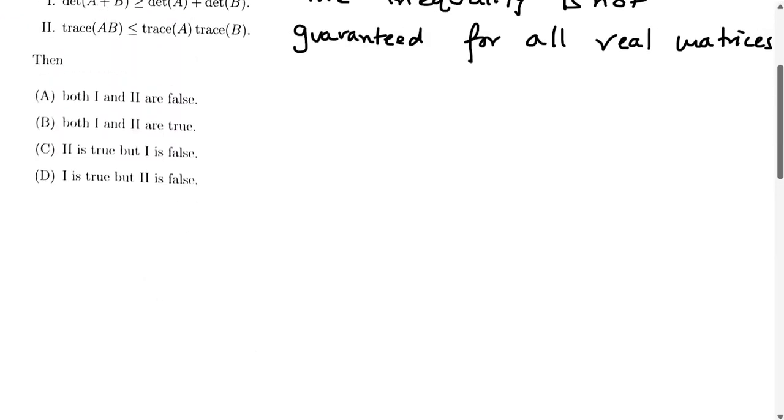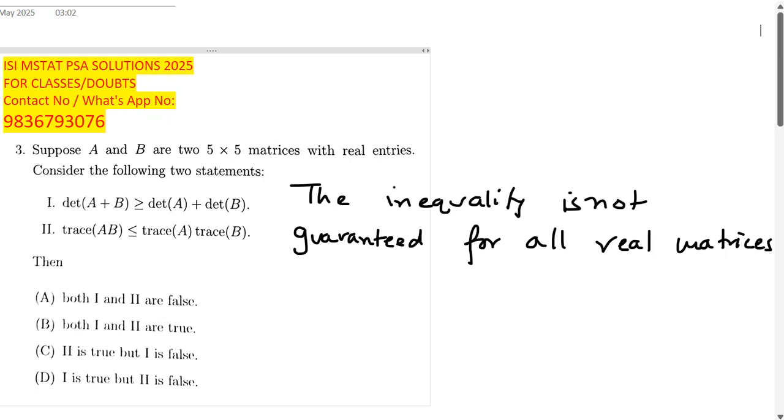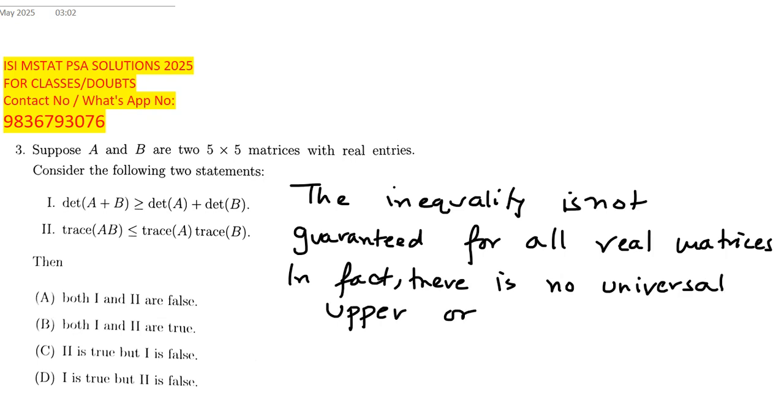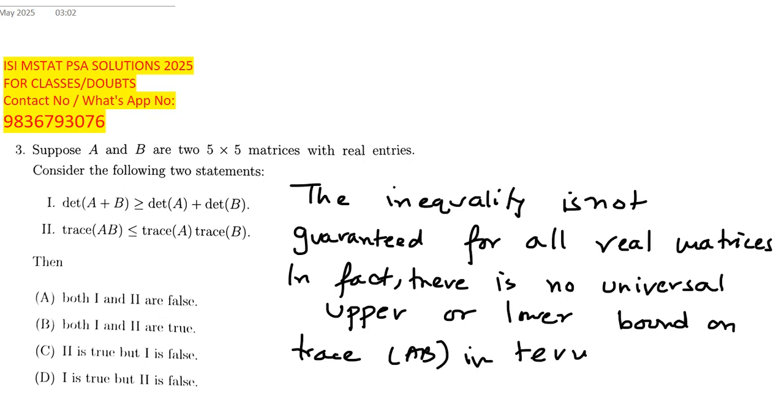In fact, there is no universal upper or lower bound on trace AB in terms of trace A and trace B. So statement 2 is also false.